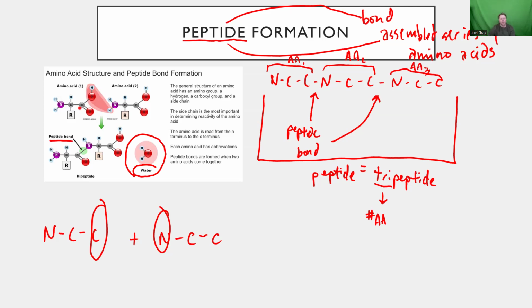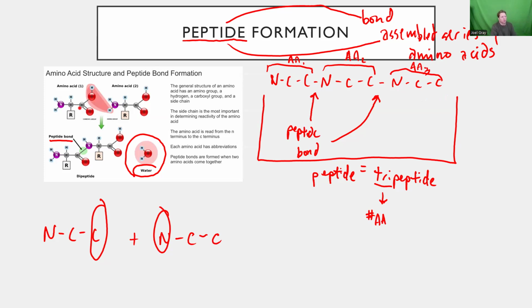What I want you to know about this, and this will be helpful on one of your worksheets for this week, is being able to look at a peptide and determine whether it is a dipeptide or a tripeptide, and identify different parts of it. So this is an example of how peptide bond formation takes place, and this would be an example of a tripeptide. So that NCC backbone.